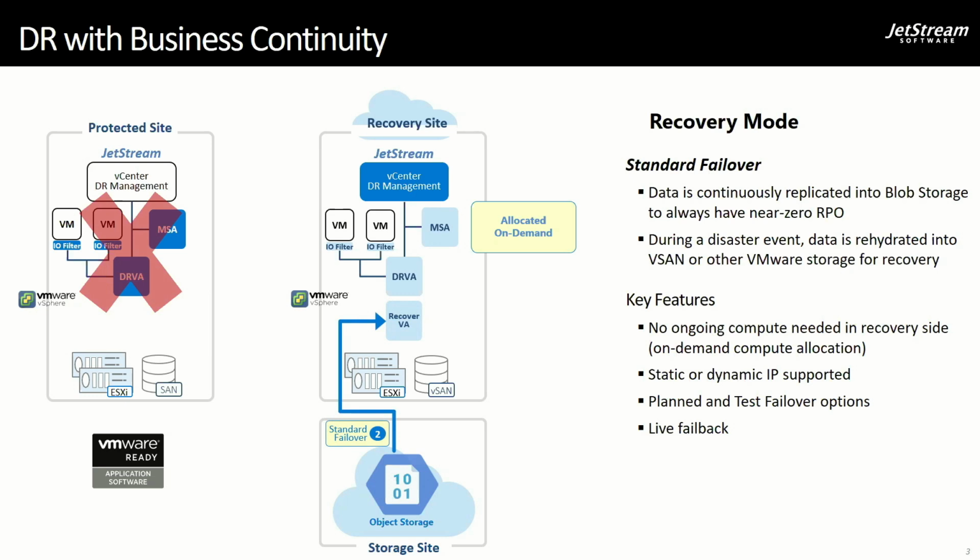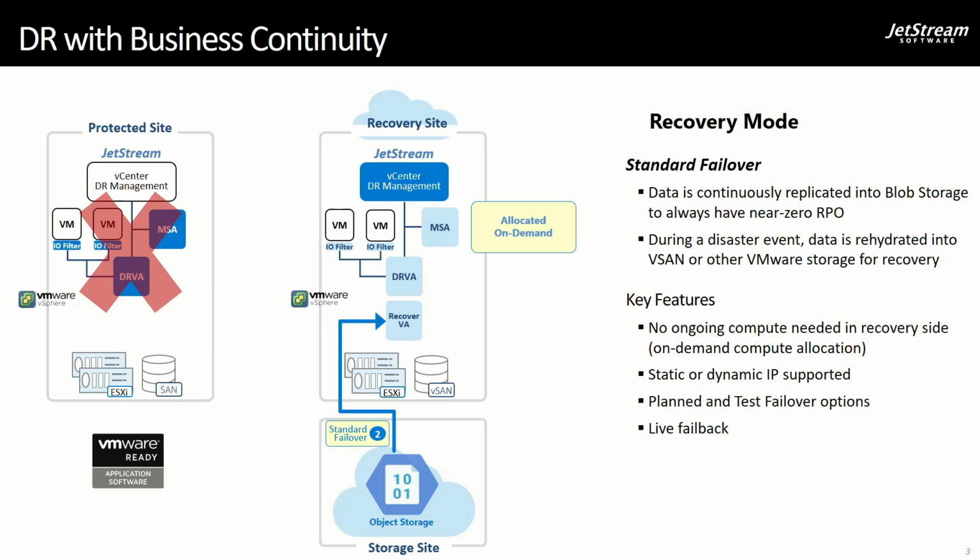And then there's a little, we call it a receiver VM or a recovery VM. It's basically there to present the virtual disks that are being rehydrated. The recovery appliance makes an iSCSI connection to these VMs, rehydrates the disks, and when the rehydration is complete, then we will power on the virtual machines according to the configuration in the runbook and according to the order and the like of the runbook, and then they'll come up.